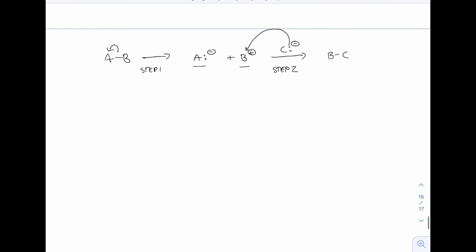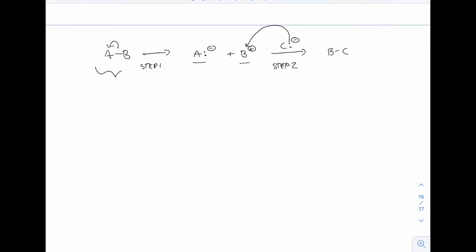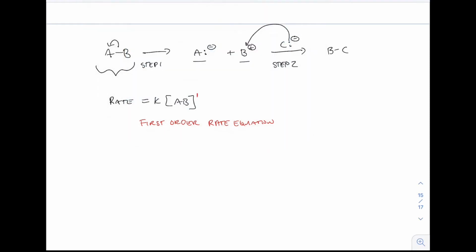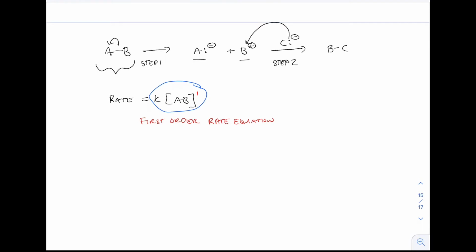Again, the blue text is what we're referring to here. And AB is the slow step, and that is why we only have the concentration of AB in this particular rate equation, which means that we can add as much C as we want in there, but it will not affect the rate of the reaction.